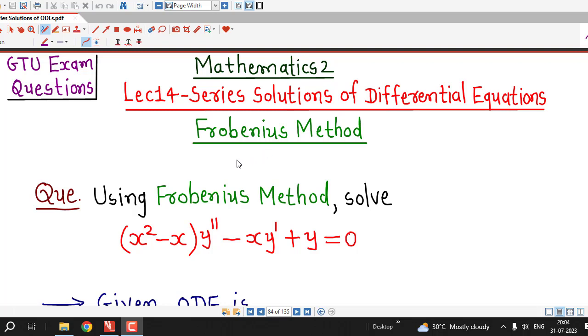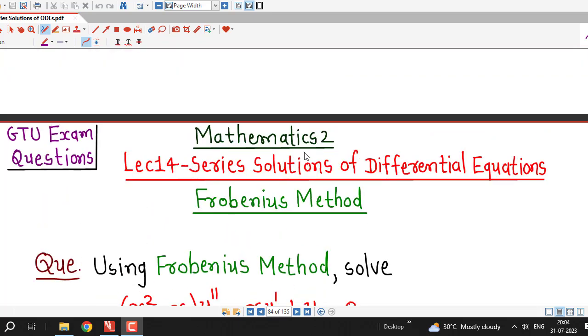For the last 3 lectures we are discussing the Frobenius method for finding the series solution near a regular singular point, and we have seen two cases of the Frobenius method in the previous 2 lectures. Those cases depend on the roots of the indicial equation. We denote the roots of the indicial equation by R1 and R2, and we know different possibilities for these roots.